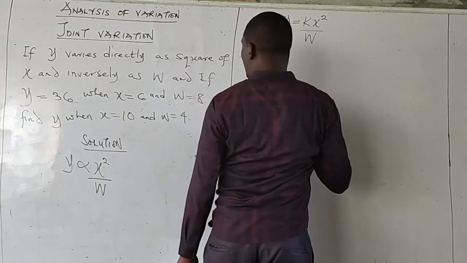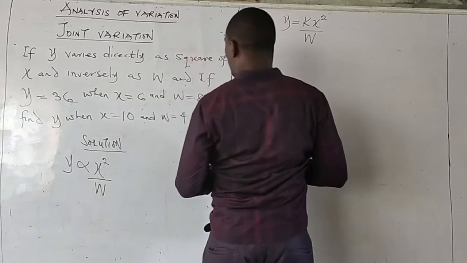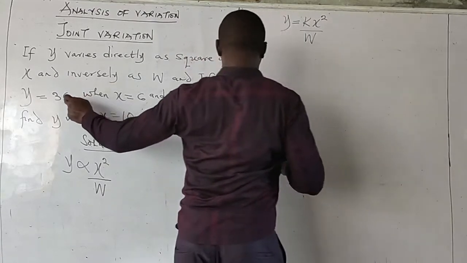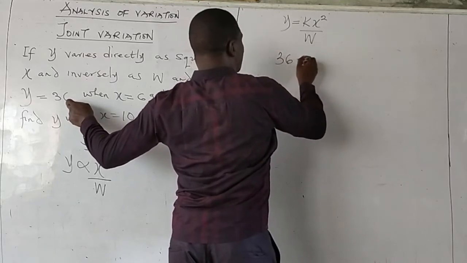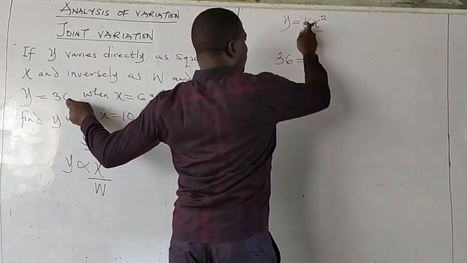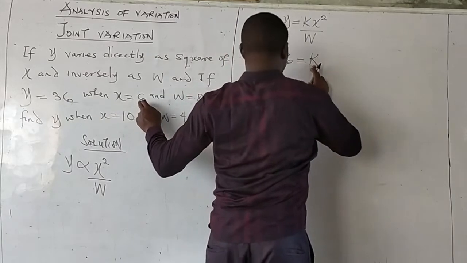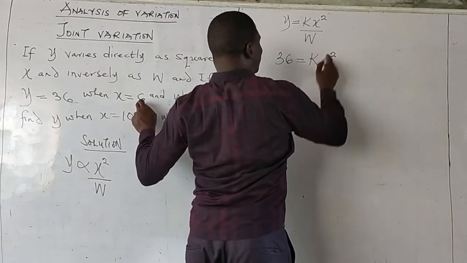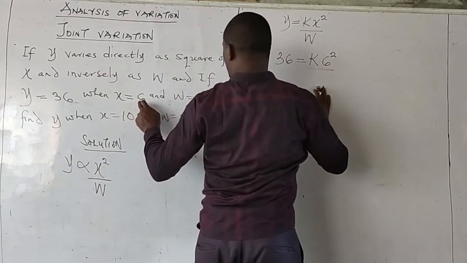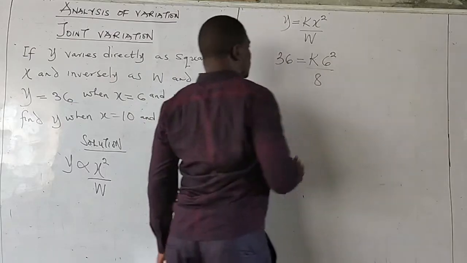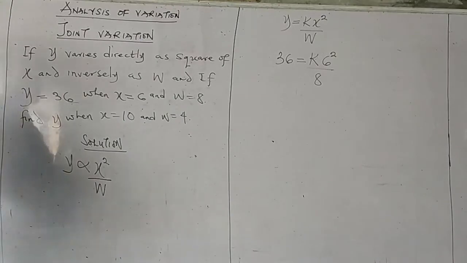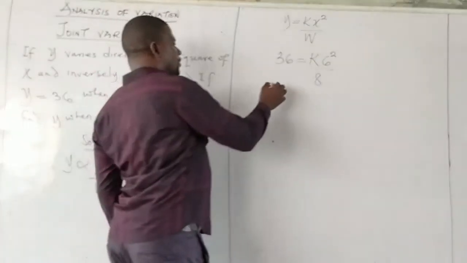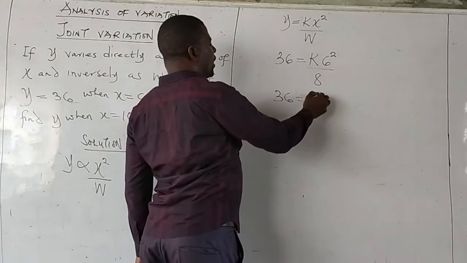So they now give us the values. They said if y is 36, so where we see y, 36 equals k, I don't know k. What's x? 6. 6 squared, all over what's w? 8. So 36 will now be equal to k times 6 squared.